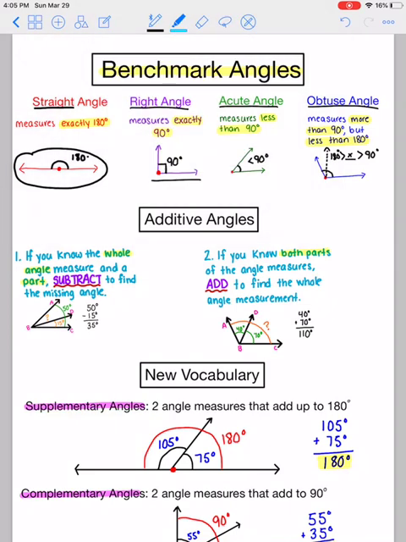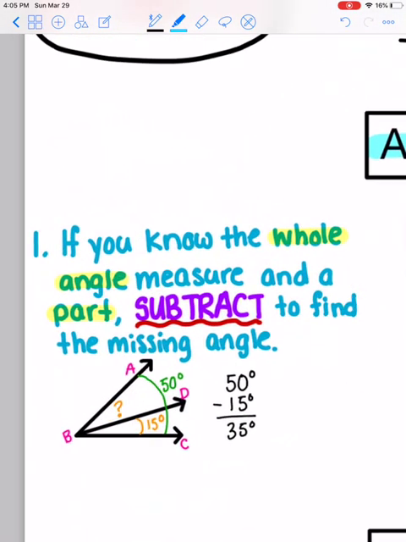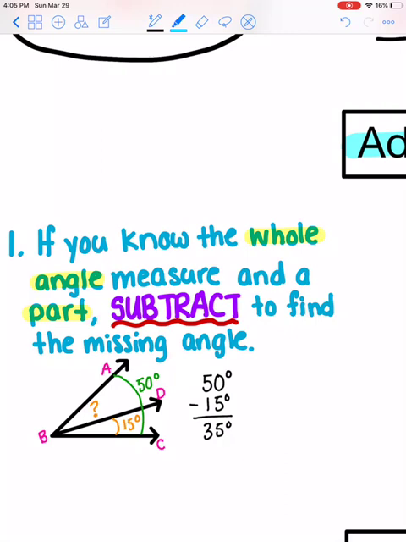Okay, let's take a look at additive angles. That's a fancy way of saying you're adding different angle measures, additive angles. So there's 2 different scenarios that you are going to get into. The first one is, if you know the whole angle, okay, it's measured here in green, 50 degrees, you know the whole angle measure, and one part.